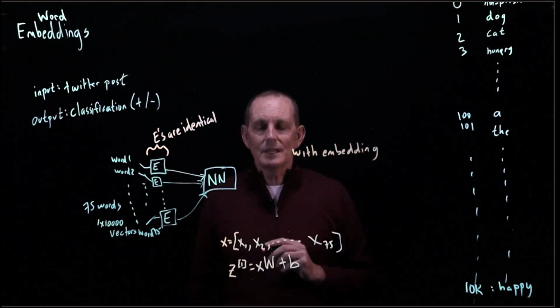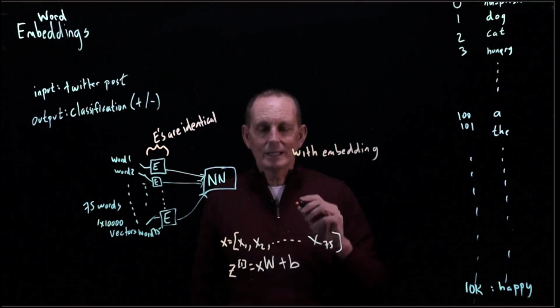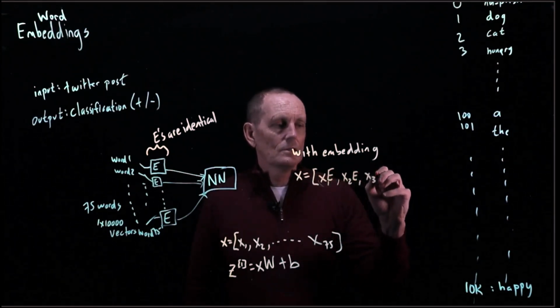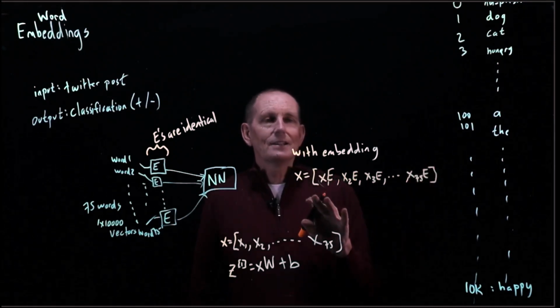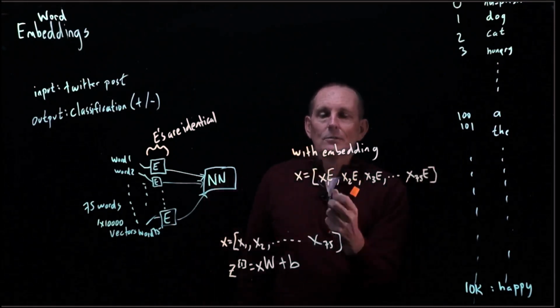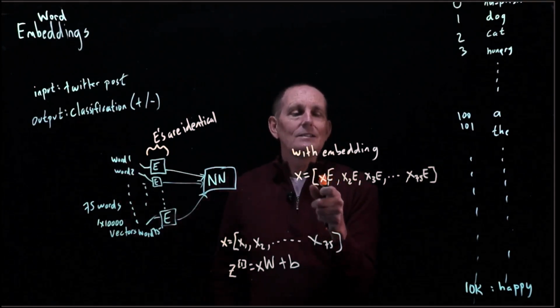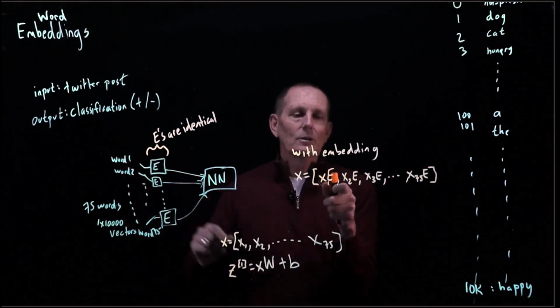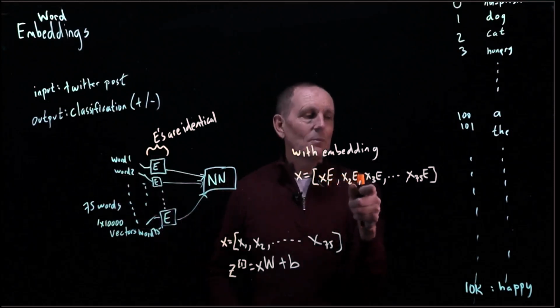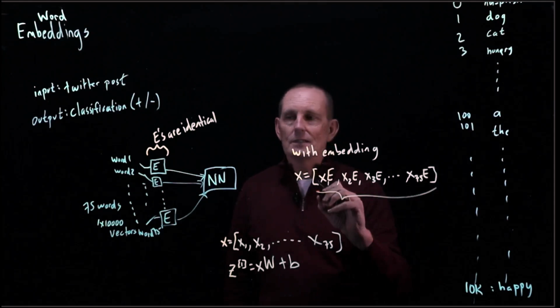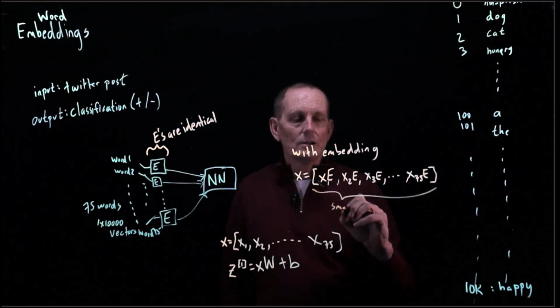With embedding, what we're going to say is basically x is going to first multiply each word, x1, by this embedding matrix, and then the second word by the same embedding matrix, and all the way through. So this now is smaller.